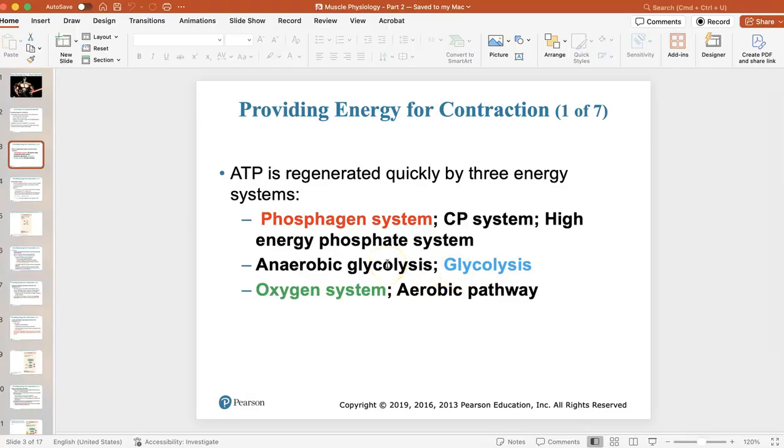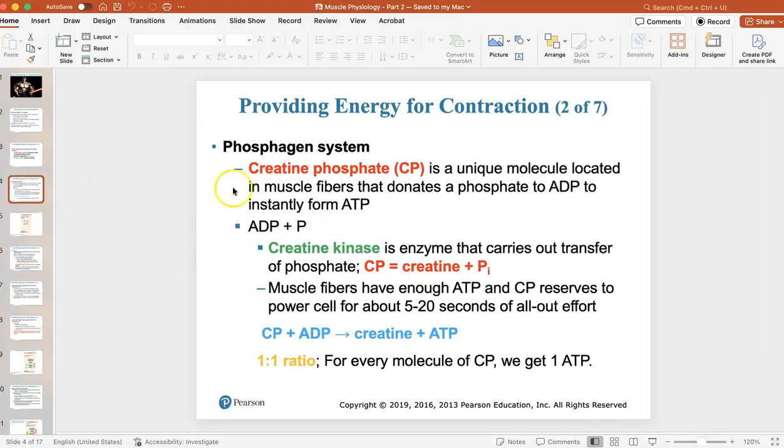The body doesn't utilize oxygen in the formation of ATP here, but it does here, hence the name oxygen system. With the creatine phosphate system, creatine phosphate is the molecule that we use. Our body generally has a fairly readily available supply in skeletal muscles, but here's how it works. An enzyme called creatine kinase will split the creatine phosphate molecule into creatine and an inorganic phosphate.